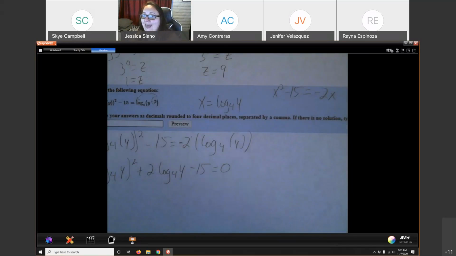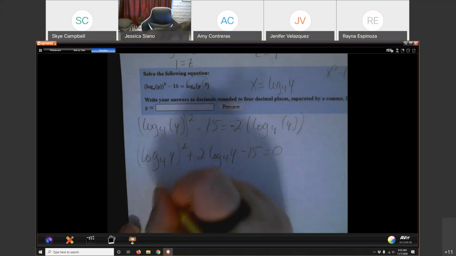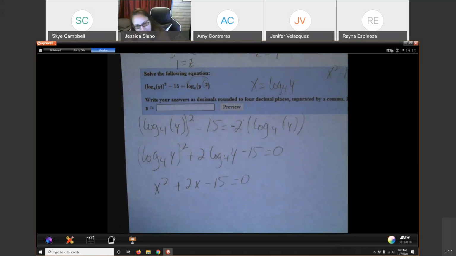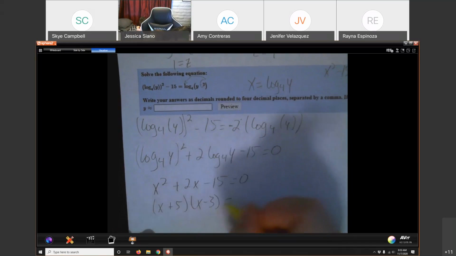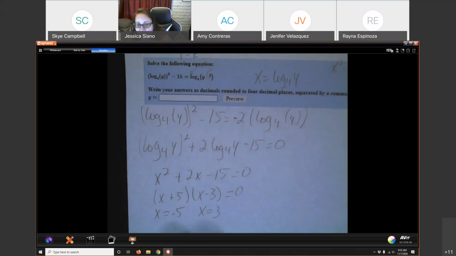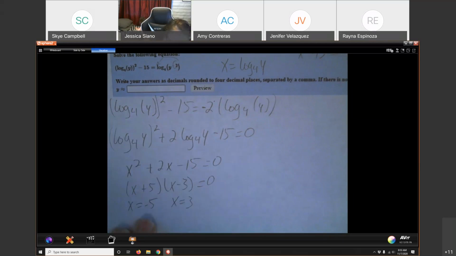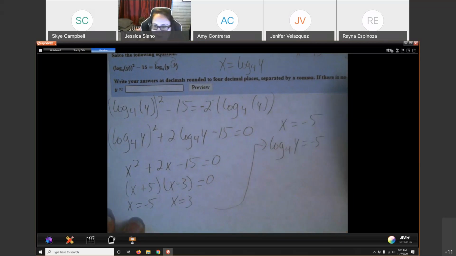And if you were looking at it that way, then you can see how this becomes x squared plus 2x minus 15 equals 0. And this one factors: x plus 5, x minus 3. But we said that x is the log base 4 of y. So instead of x equals negative 5, what I actually have is the log base 4 of y equals negative 5.